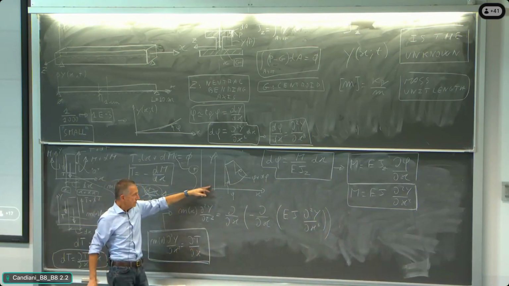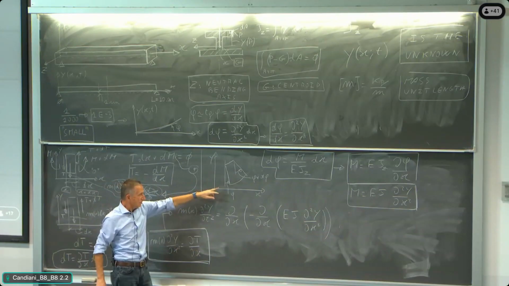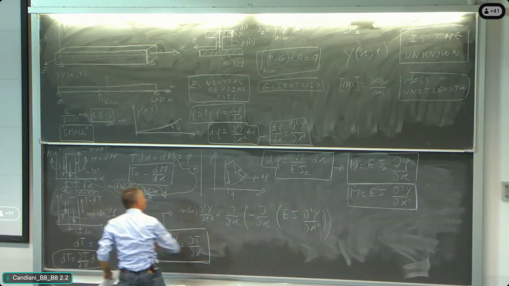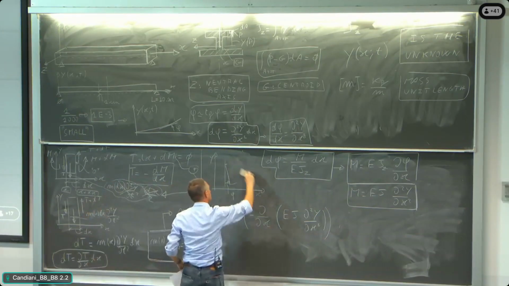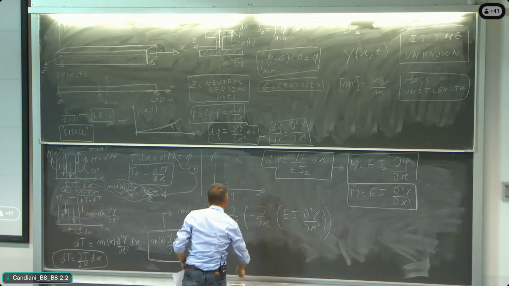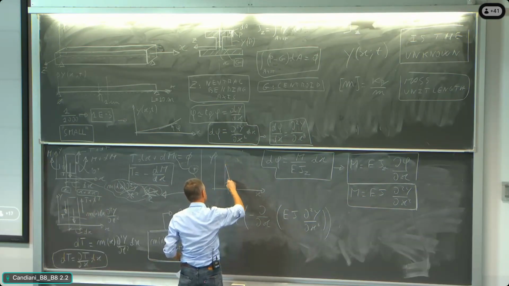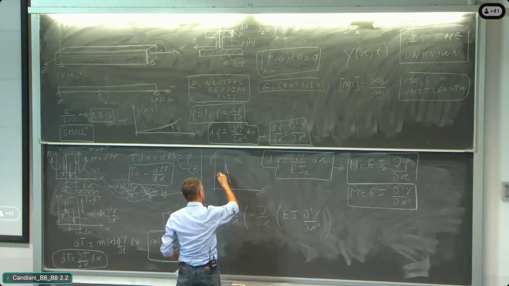I use this drawing in order to say that, let's make it more realistic. This is the elementary slice of beam that is inclined at the section X by an angle that is phi.